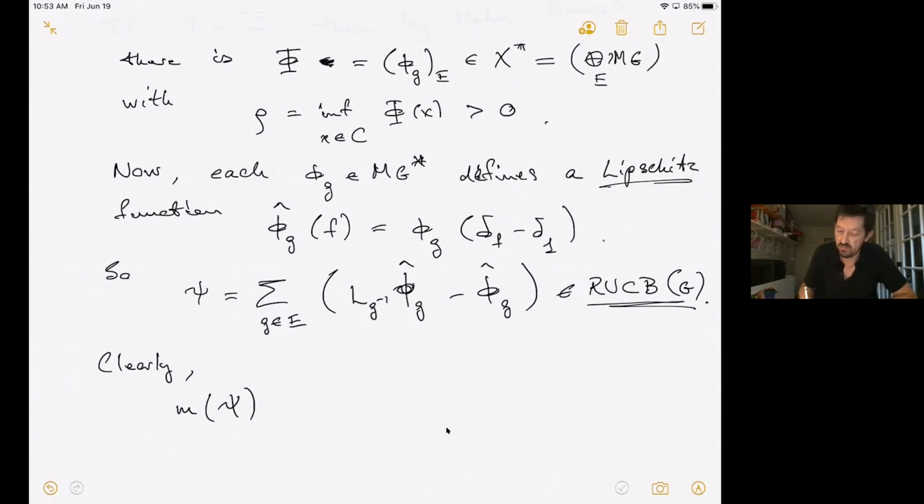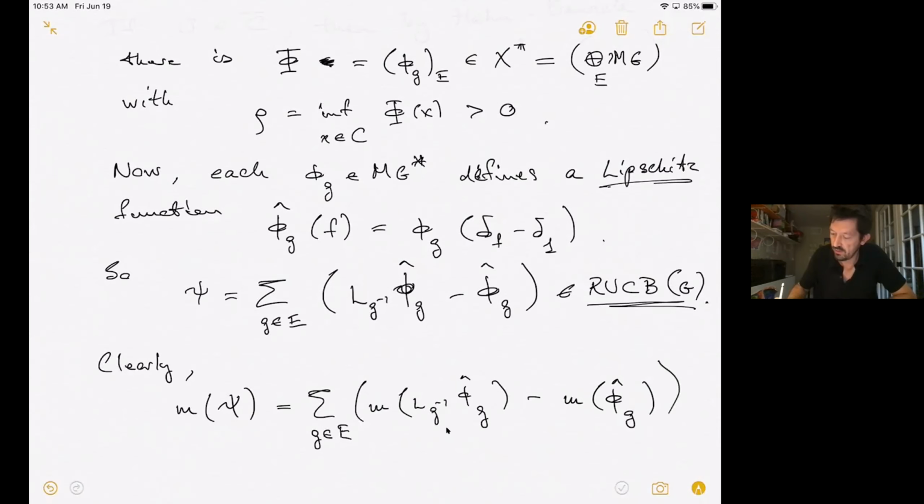Well, if you write it out, this is just m of L_{g^{-1}} phi_G minus m of phi_G. By invariance under the left regular representation, these elements don't do anything to the value of m. So this is just a difference of two identical points, which is 0.